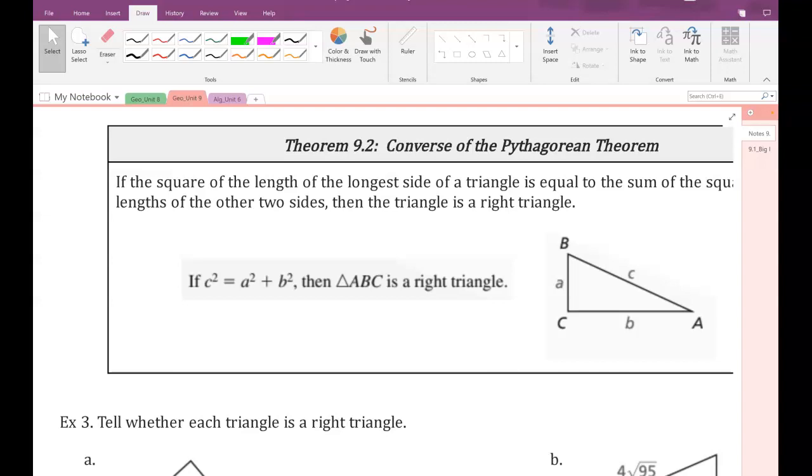In the Pythagorean theorem, you're saying, okay, if it's a right triangle, then c squared is equal to a squared plus b squared. So in these next examples, to tell whether each triangle is a right triangle, when we plug in our values, we're just checking to see that both sides equal each other. If they equal each other, then using our converse, it's a right angle.